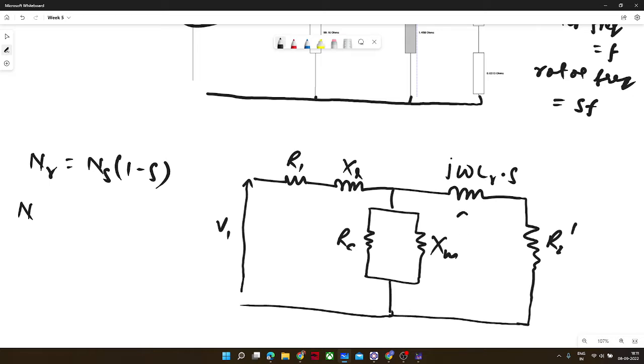And the induced EMF across the magnetizing inductance would be E2 dash into S. Okay, so to get rid of this slip factor from every term, what we did earlier, the current was I2 dash is equal to S E2 dash. This is I2 dash.